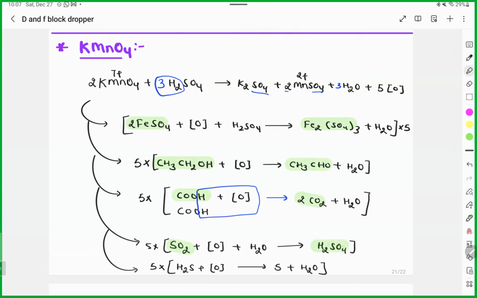SO2 converts into this, a K2Cr2O7 reaction. And this is again a K2Cr2O7 reaction. It could be many things, but these are the basic things. Why are we doing so many things again? Because I want you to have more revision, so you become more comfortable with the reaction.